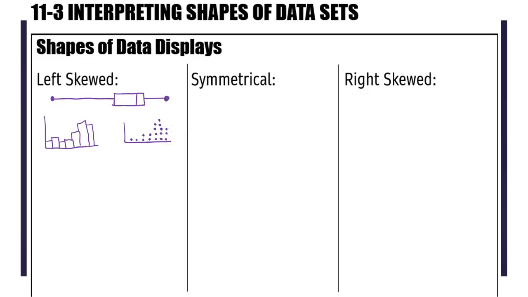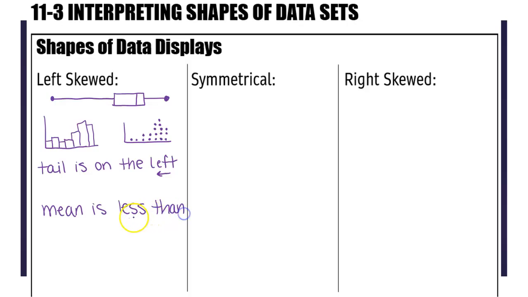When you have left skewed data, the tail is on the left, which is that way, in case you don't know. When this happens, the mean is pulled towards the tail, so it is less than the median. It gets pulled to the left, so it becomes less than the median.